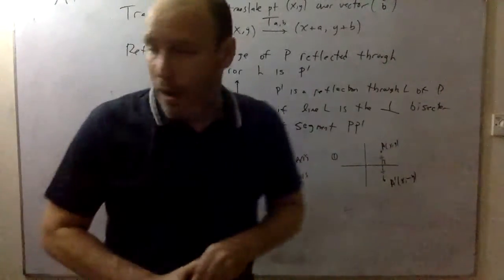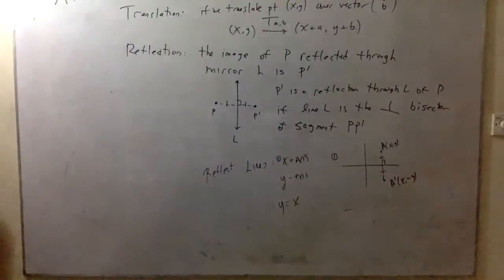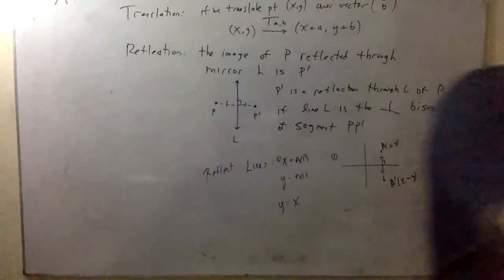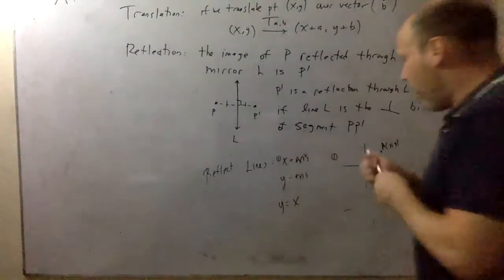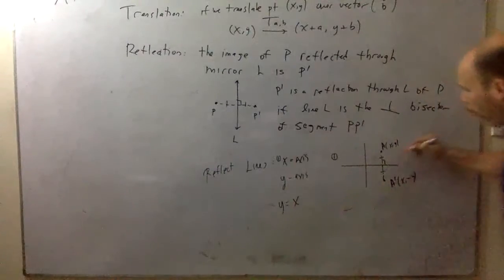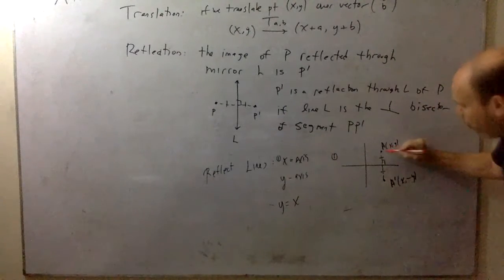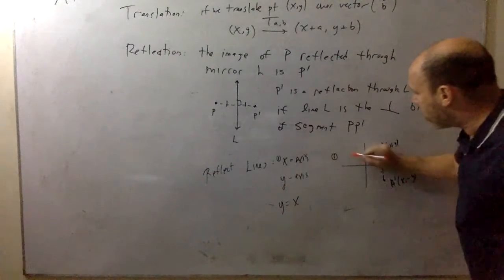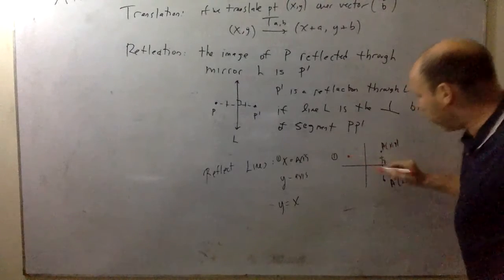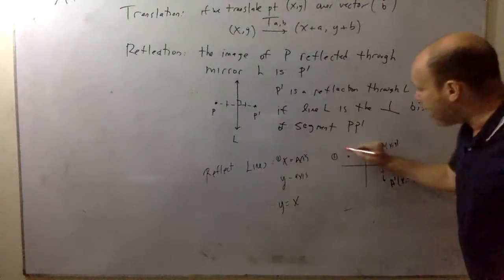Should we try another? Let's try the y-axis. If we take A and reflect it over the y-axis, we know it's the point here. Let's call it A double prime.